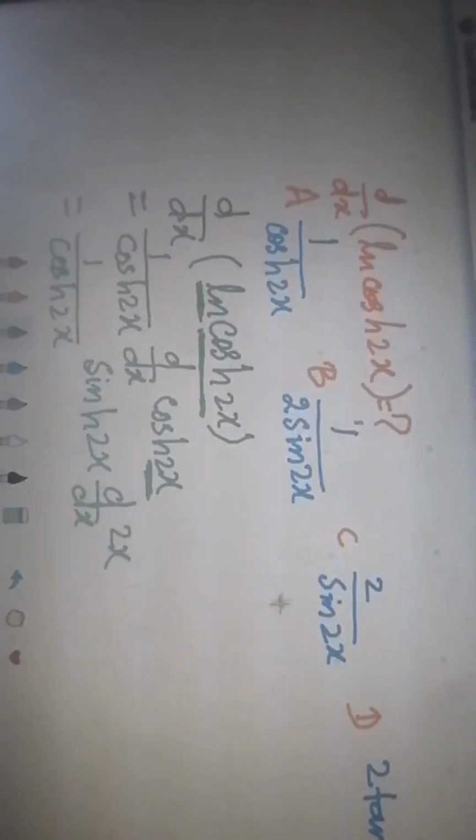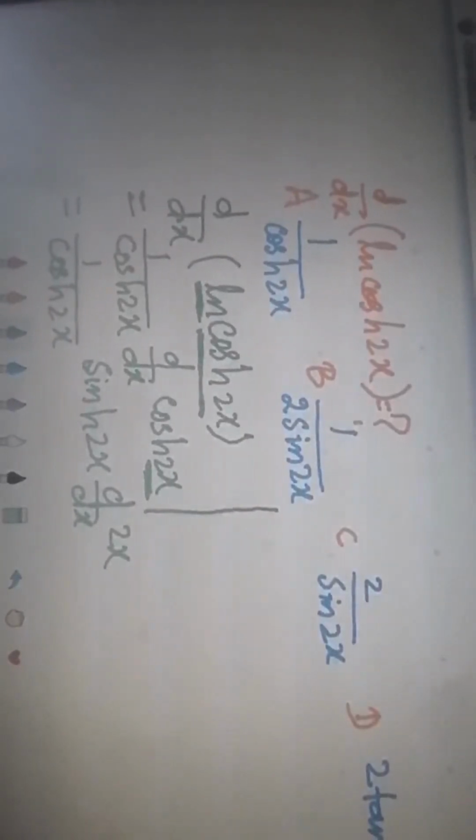So 1 by cos hyperbolic 2x can be written as it is. The derivative of cos hyperbolic is sine hyperbolic, with the same 2x appearing here. And now the derivative of 2x will also be calculated.